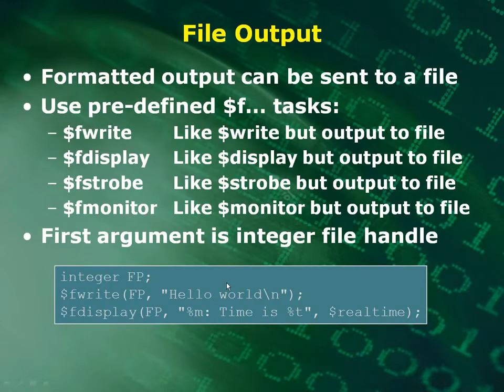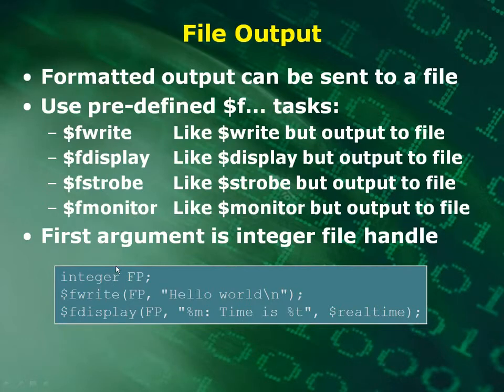Now let's talk about other types of output, for file output. We have the $f tasks, like $fwrite, just like $write, $display, $strobe, and $monitor, except all of them are to file output.